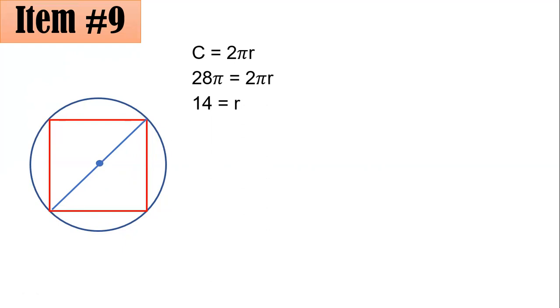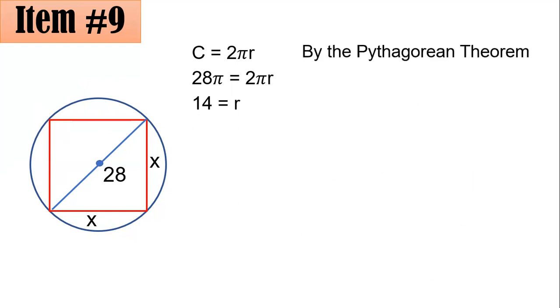So if the radius of the circle is 14, then it follows that the diameter of your circle is 28, or the diagonal of your square is 28. And we remember that sides of a square are equal. So we have your x. And since we have a right angled triangle, then we could utilize the Pythagorean theorem.